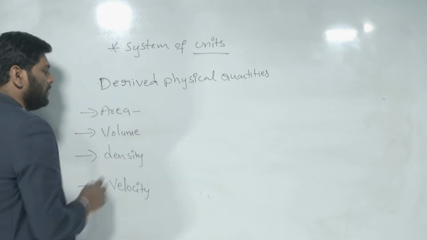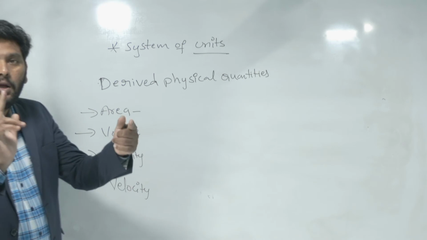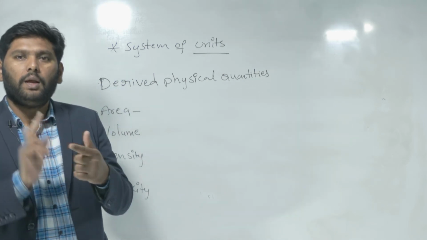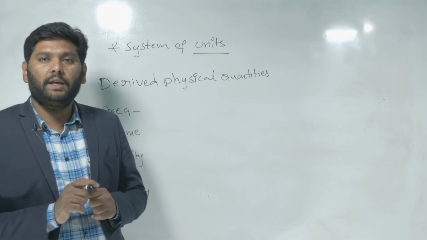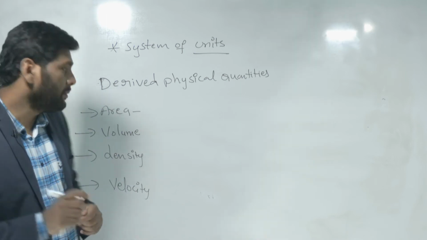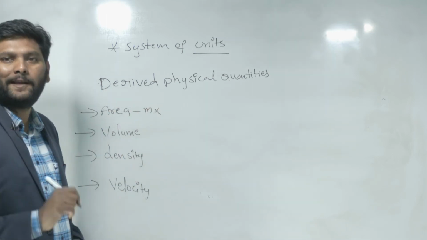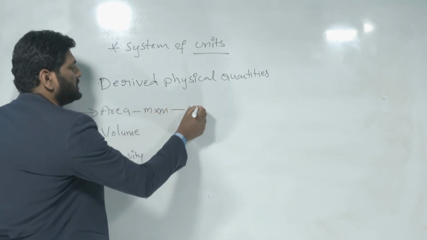Now, what is the SI unit of area? Area formula is length into breadth. Here length is what kind of quantity? Fundamental quantity, units are meter. Breadth is also length only, so that also has meter. So finally, what is the unit here?